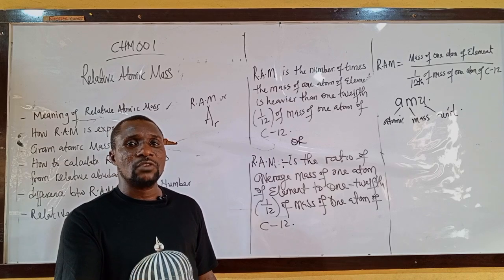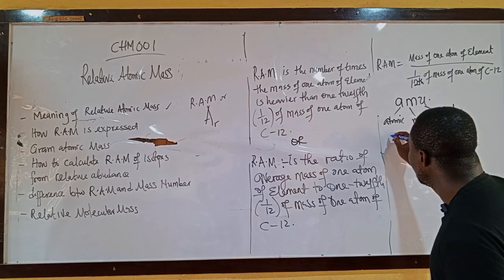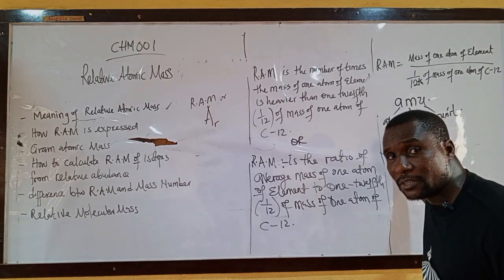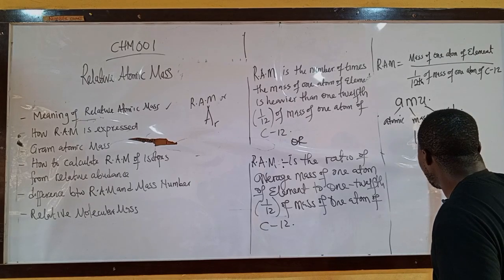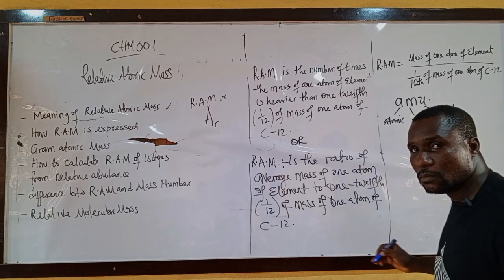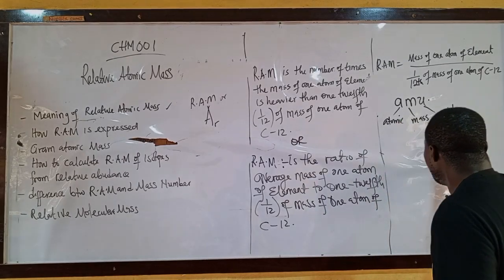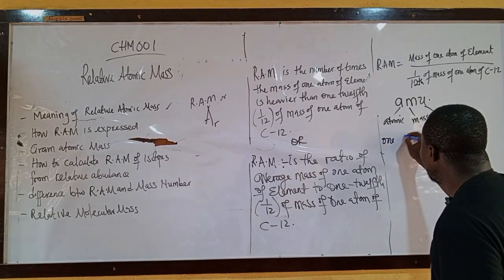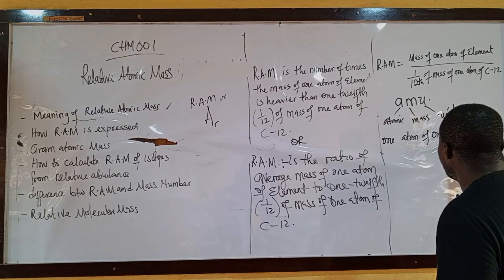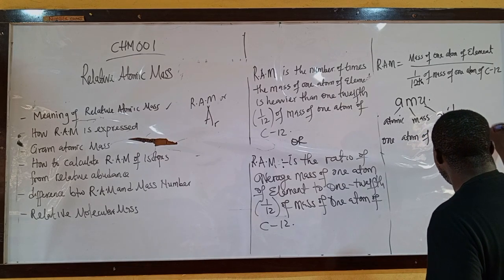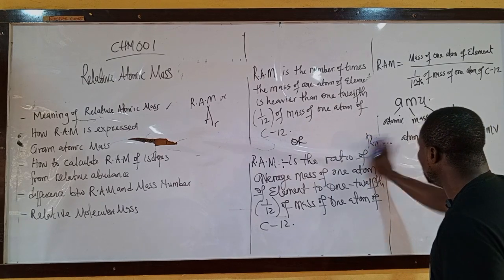What is the relative mass of one atom of oxygen in terms of AMU? I can say the relative atomic mass of one atom of oxygen is 16 AMU.